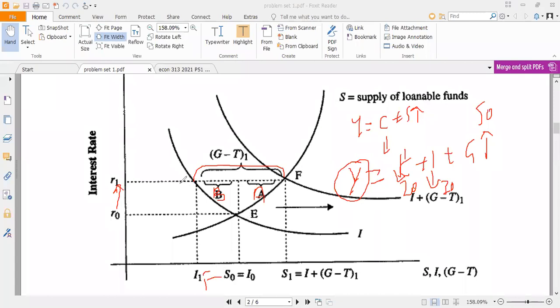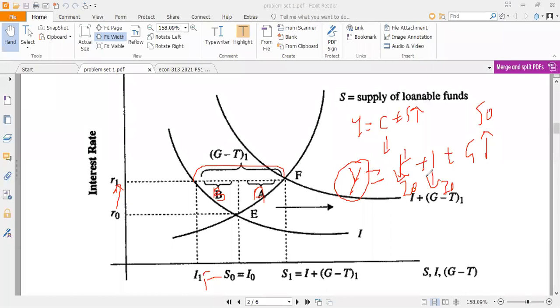The reason why interest rate has to increase is that when you increase your G, it means that now we have excess demand for loanable funds. It means that we have excess supply of bonds.